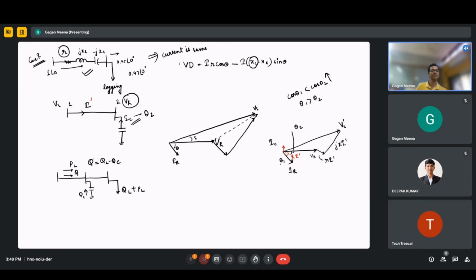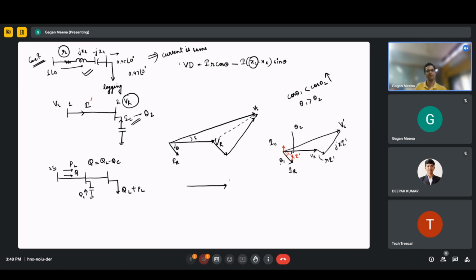Without the capacitor, the substation has to supply the entire Q. But now, because part of it is being supplied by the capacitor, it has to supply less reactive power. So it is QL minus QC.